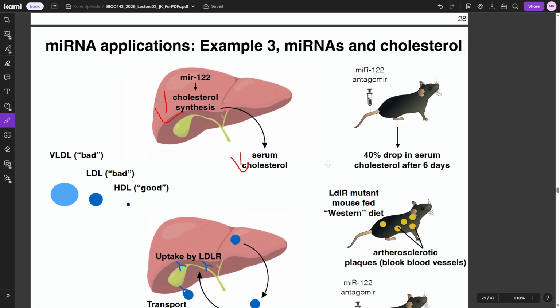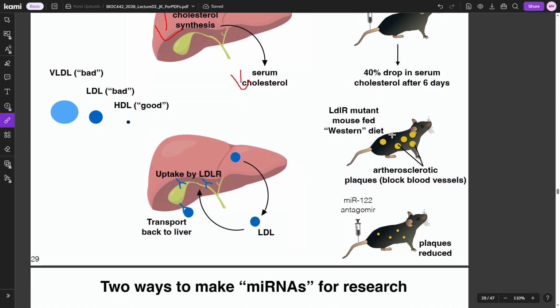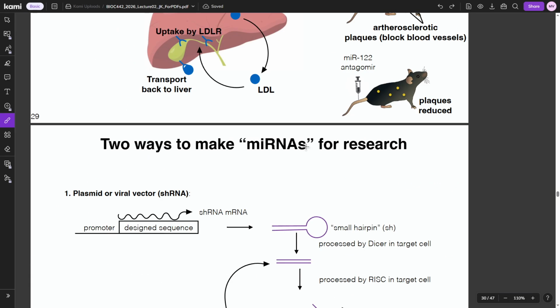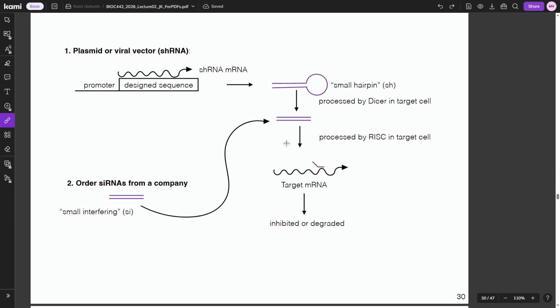But yeah, if you have a mutant on a Western diet, basically what happens is you get large plaques. But then if you add the antagomir, again, like we said, the antagomir blocks this, and it drops significantly, which leads to less serum cholesterol. So antagomirs are very useful.